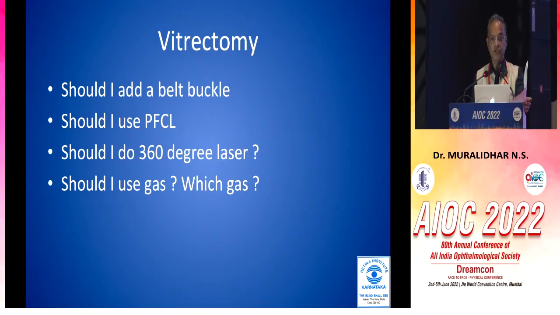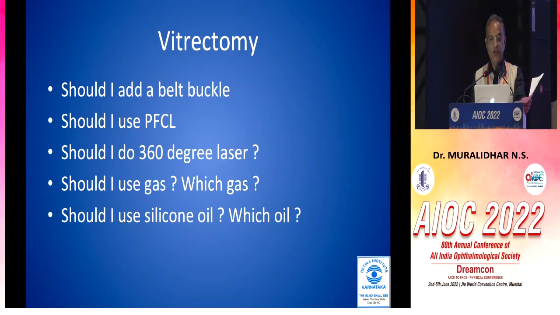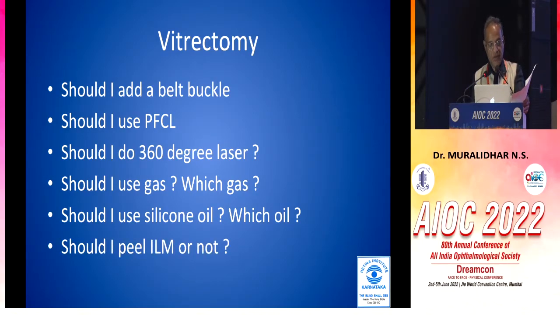Which gas should I use? Or should I use silicone oil in this eye? If at all you want to use silicone oil, which oil should I use? Should I use 1000 centistokes? Should I use 5000, 2000? Should I peel the ILM or not? Everybody is talking about peeling ILM in all the situations. Should I peel ILM or not? So these are some of the decisions that we need to make when we are doing a vitrectomy.